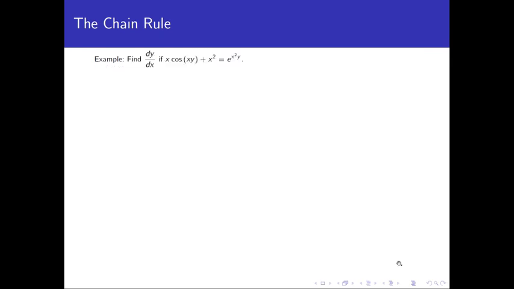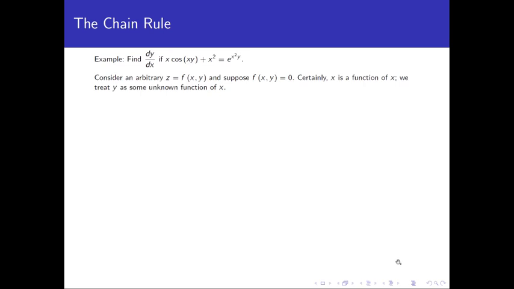All right, we can also use the chain rule idea for implicit differentiation. So this one asks us to find dy dx given that relation. If I call z equal to f of x, y, let's suppose that f of x, y is equal to 0. So we just plug in 0 for z. Certainly, x is a function of x.